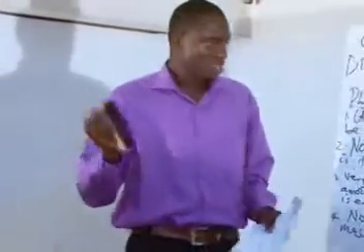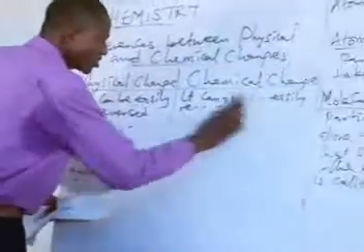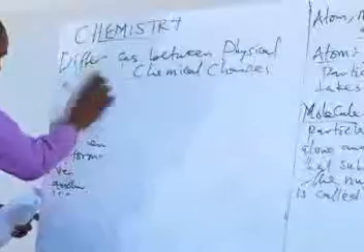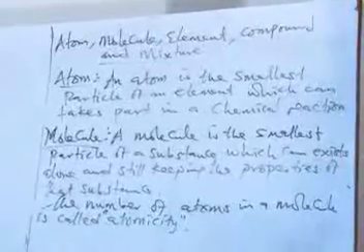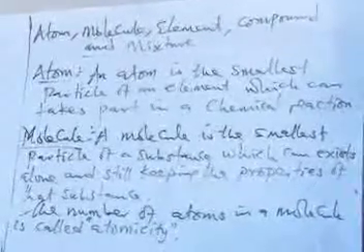So let us look at that in a tabular form by looking at the differences between atoms and molecules. Don't forget, we are still learning chemistry, so it's as important as anything.